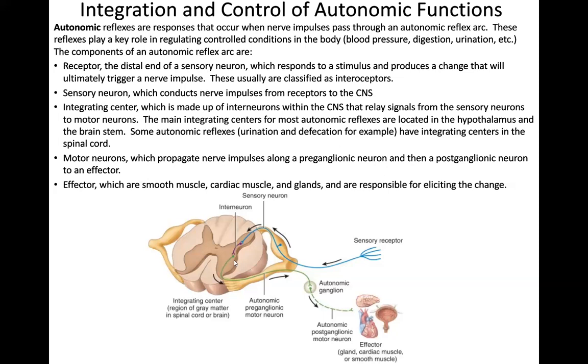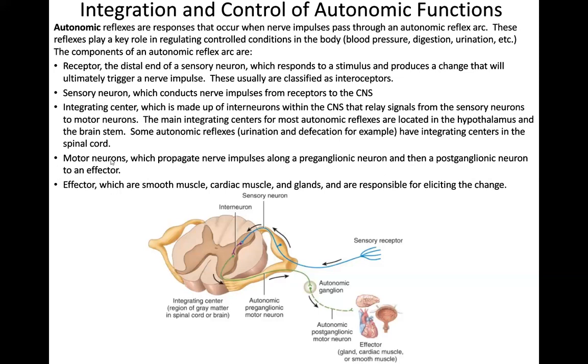Okay. Now, in the case of the somatic reflex arcs that we saw the other day, we only had one neuron that was going to carry the signal all the way out to skeletal muscle. But as we just learned, both Tuesday and today, no matter if it's sympathetic or parasympathetic, to get to the effectors, it takes two autonomic neurons, what we call the preganglionic and the postganglionic.